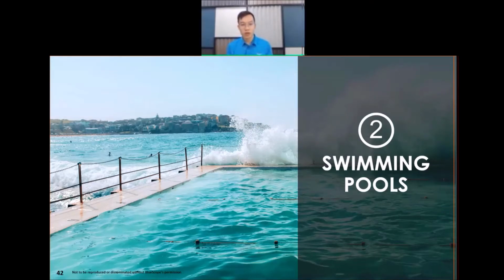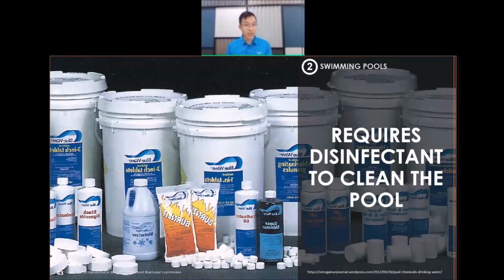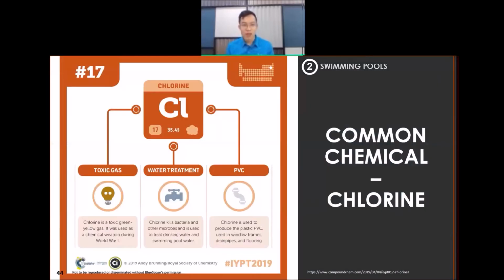For swimming pools, we know that there will be random strangers swimming in the pool, so it actually requires cleaning through different types of disinfectant. And no surprise, the most common chemical used to disinfect swimming pools would be chlorine or chloride ions.